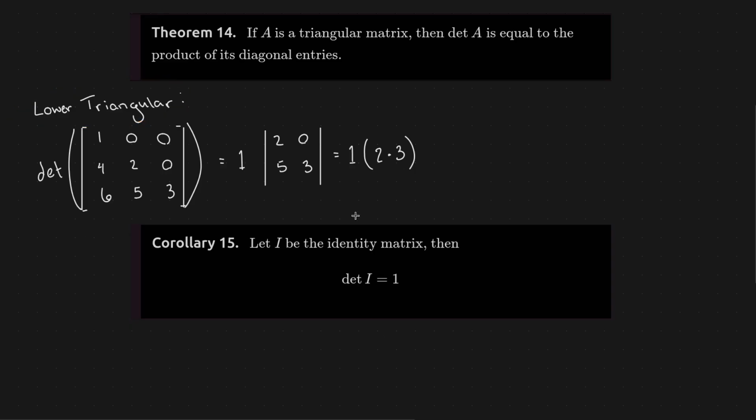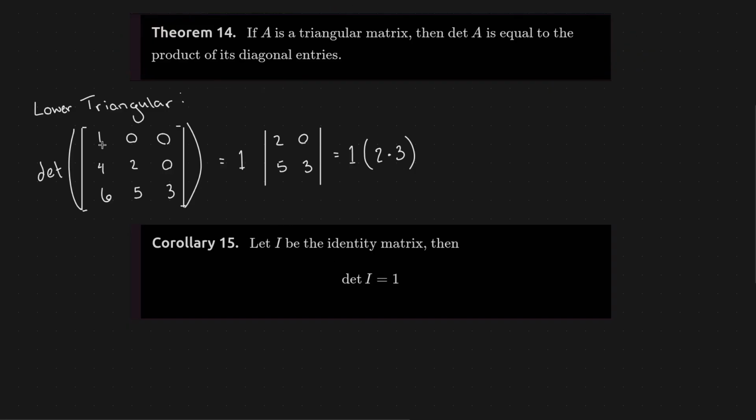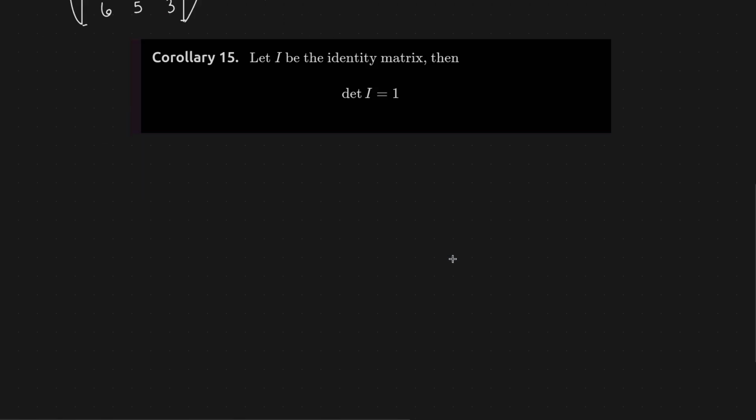So if we have a triangular matrix, you can find its determinant just by multiplying the entries along its main diagonal. And so we can use that result to prove this corollary that the determinant of the identity matrix is 1. The identity matrix has 1s along its main diagonal and then 0s everywhere else.